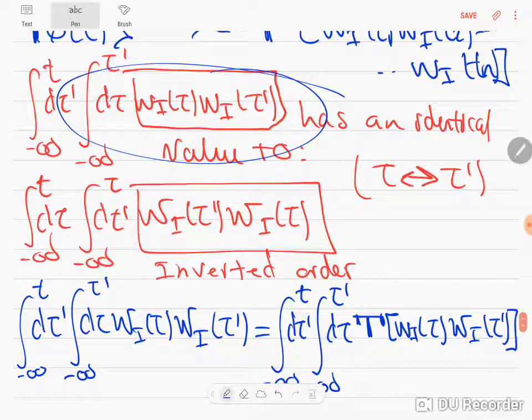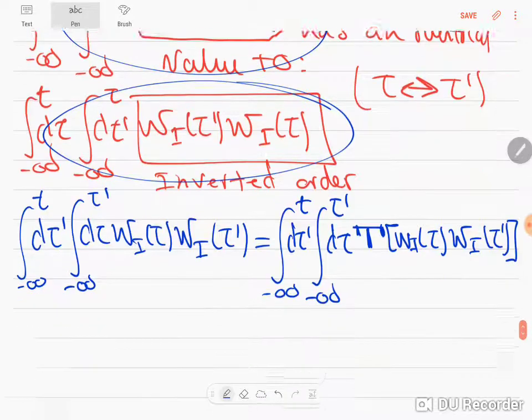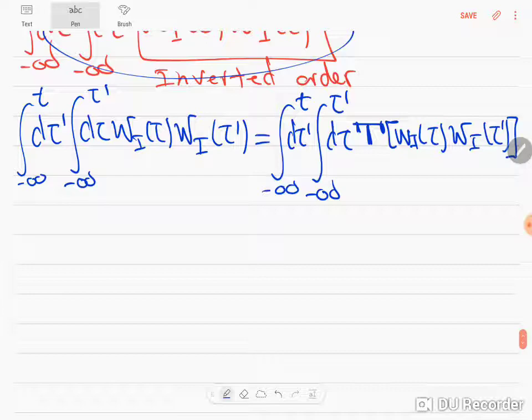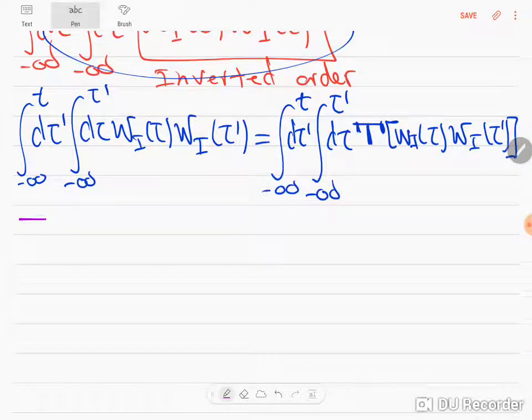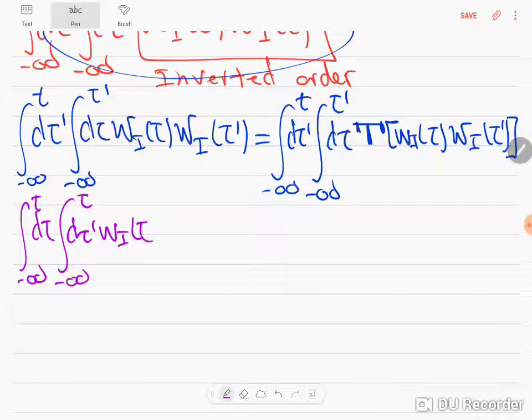So for this integral, now we're going to do it for this integral. Okay, and then we're going to do it in purple to not just get confused with so many integrals. Minus infinity to t of d tau, minus infinity to tau of d tau prime, W_I of tau prime, W_I of tau.